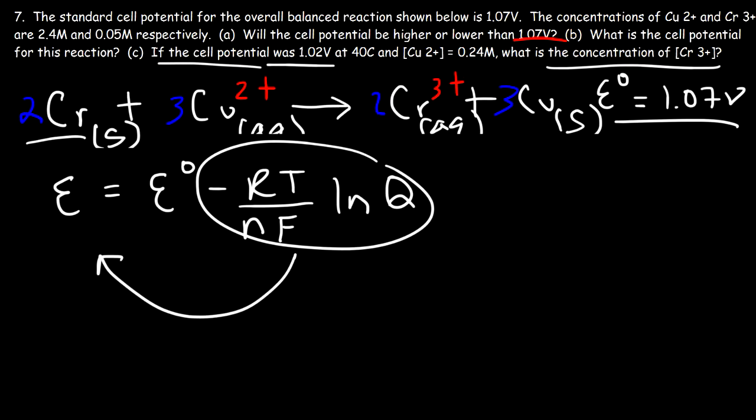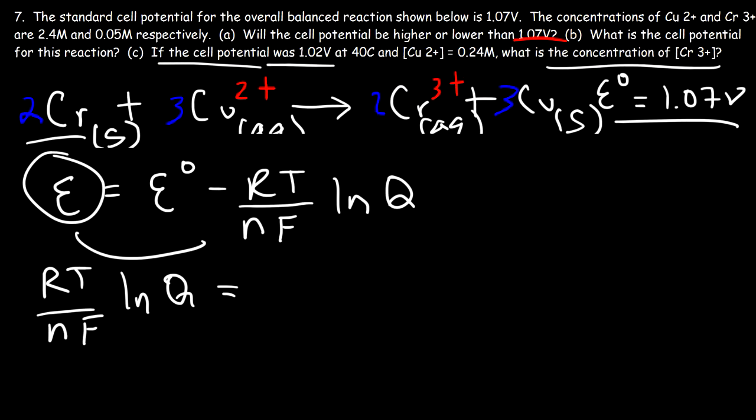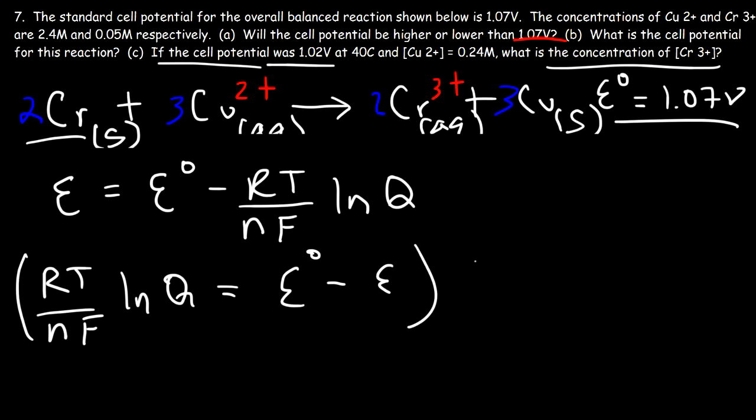Now the first thing I'm going to do is take this term and move it to this side. So it's negative on the right, but it's going to be positive on the left side. And then I'm going to take this and move it to that side. It's positive on the left, but it's going to be negative on the right. So now I have this equation. And then I'm going to multiply both sides by the reciprocal of this fraction, that is by NF over RT.